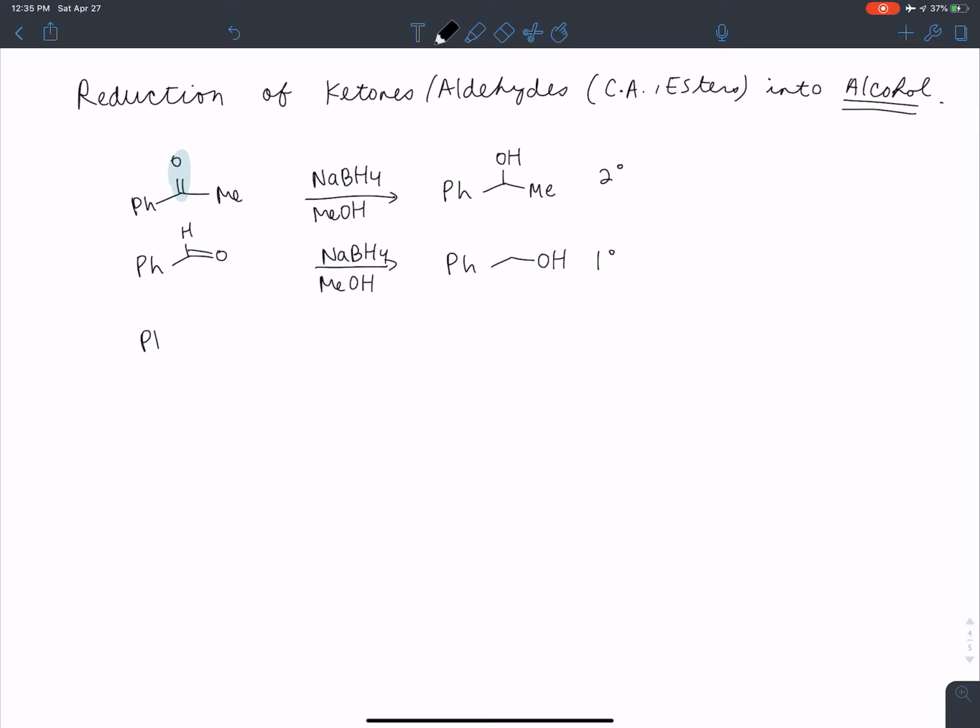But if I use benzoic acid in the presence of NaBH4 and MeOH, that's actually not going to be any reaction because the sodium borohydride is not strong enough to reduce a carboxylic acid or an ester. Same thing if I had this right here.